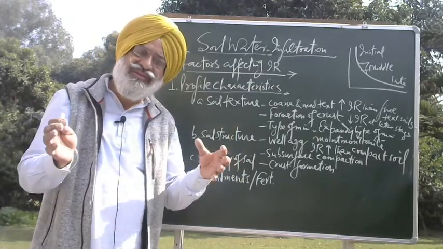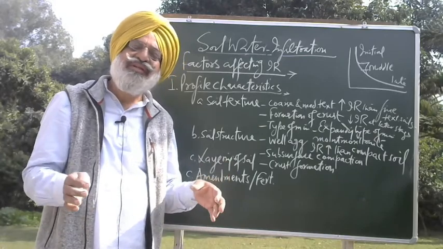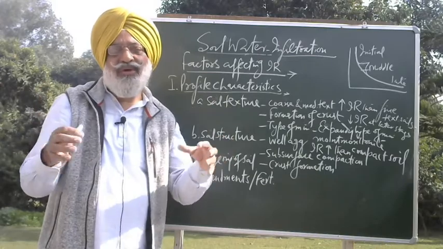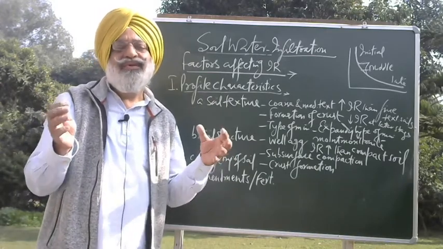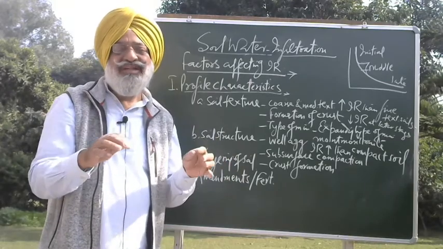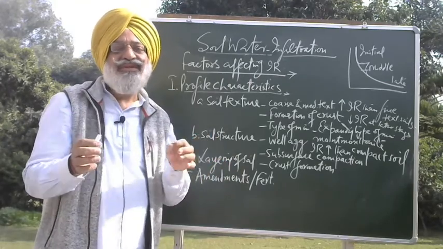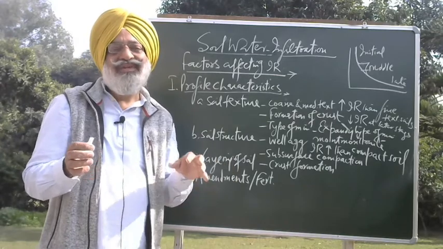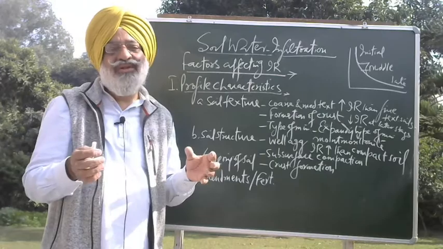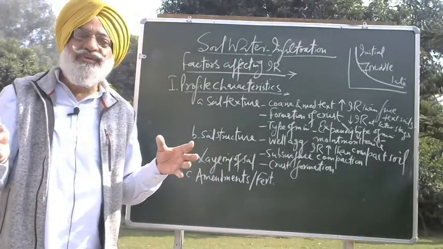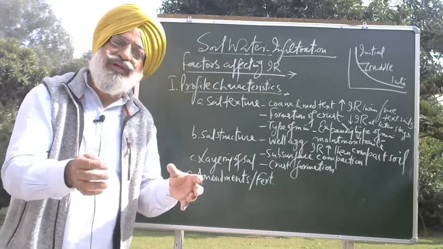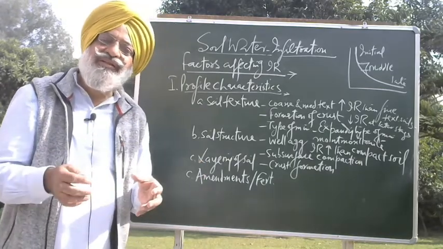Even if it's a coarse texture soil, the infiltration rate is very poor, because with the dominance of sodium ions, the soil becomes dispersed. Even if the aggregates are strong, they get dispersed, and the finer particles clog the surface. Even clay particles remain mixed with the water. So this is in fact a very important point to recognize a sodic soil without touching it, without testing it in the lab.